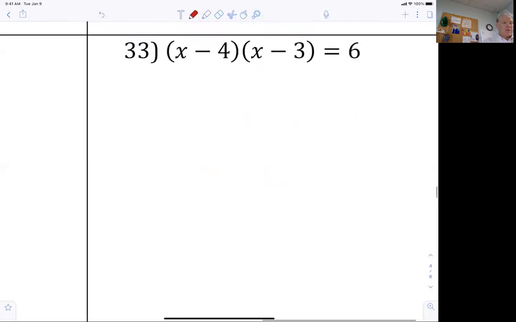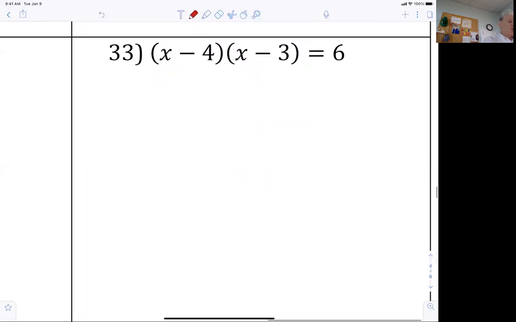All right, let's check out 33. Now 33 is considered the hard one, because I can't just subtract 6. So listen, I have to multiply this out first. Now again, everybody look up, because here's how fast you should be. You should be able to look at that and say that's just x squared minus 7x plus 12 equals 6.